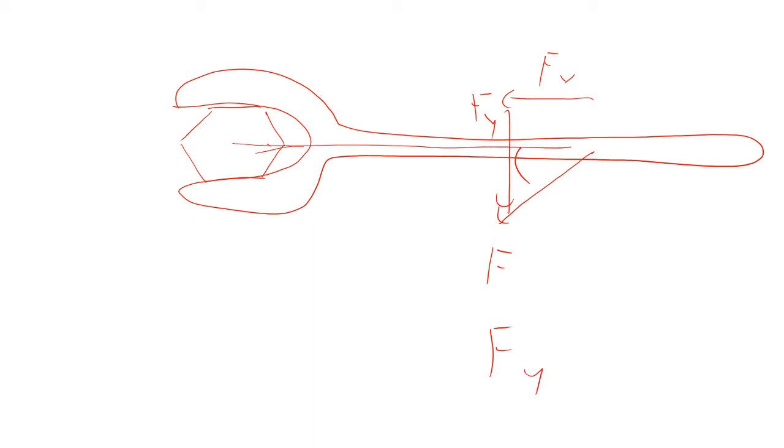So what if I pull at an angle like that? Well, F has two components. It has one component this way and one component that way. So only the y component, the perpendicular component, matters. And so that is going to be equal to F sine theta, where that's theta right there.